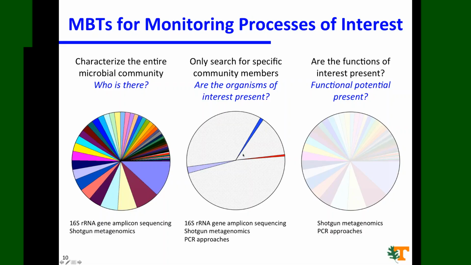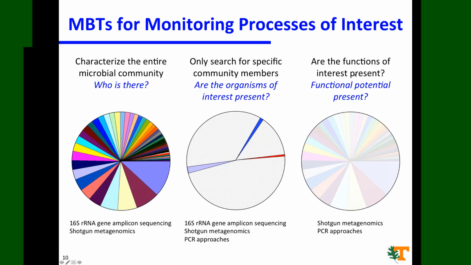You can do this with an organism-specific approach. Actually, in this case, I show here only the organism-specific approach. This can also be done with amplicon sequencing, with metagenomics, or with targeted PCR approaches. You only get information about the three populations that I show here that are implicated in the process of interest.